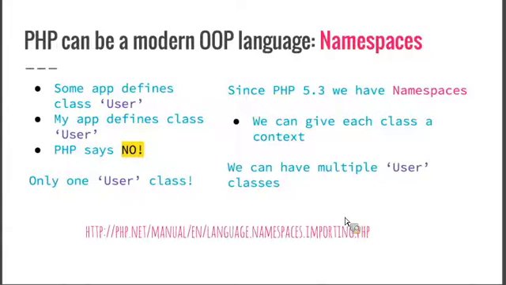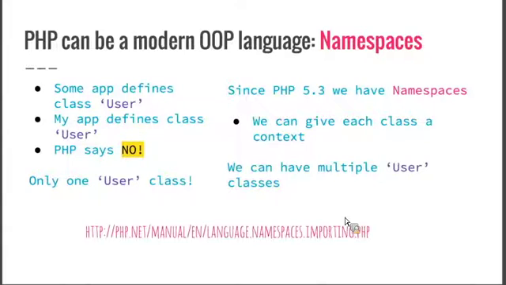We have namespaces. So a very simple stock PHP program defines a class named users, and then you have your own application that defines a class users, and you want to use both classes, and PHP says no. Why? Because on the global scope we can have only one class named user.